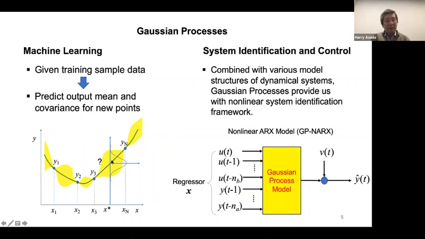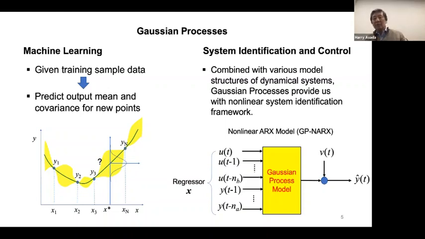Given a certain number of training points, we'd like to predict an output mean and covariance. Not just telling that this is the point I pick, but instead we can say this is most likely, with variances or confidence intervals of such and such.